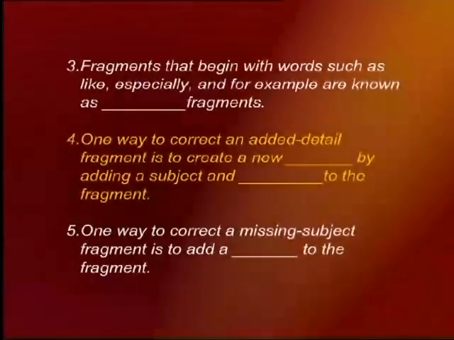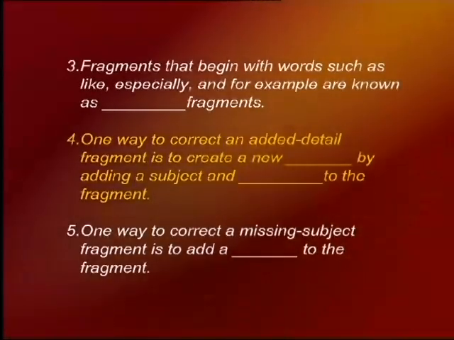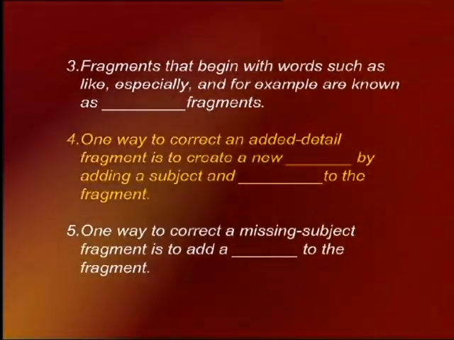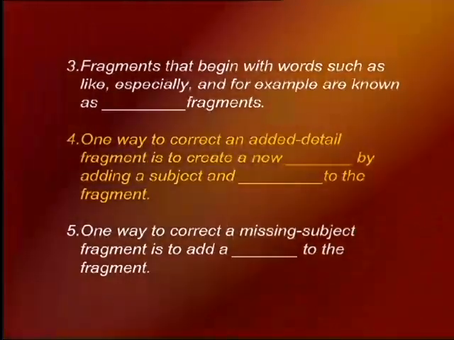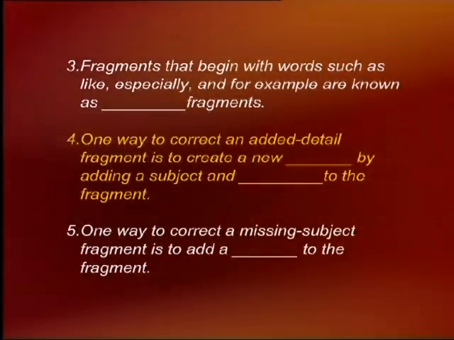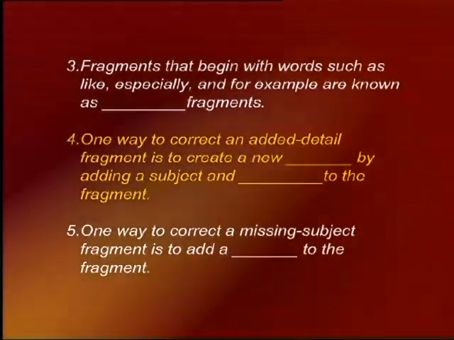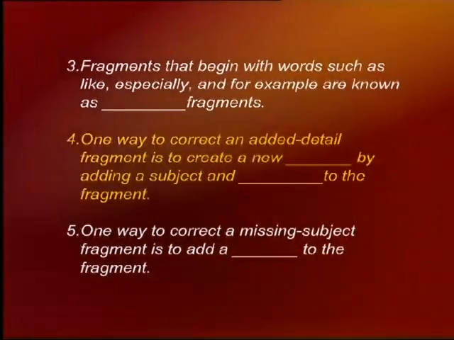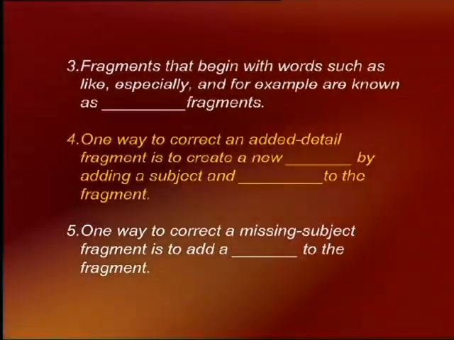Number 3, as those words tell you, like, especially, and for example, they are all added detail. They are all words that add to the detail. So you should have filled in the blank in number 3, added detail.